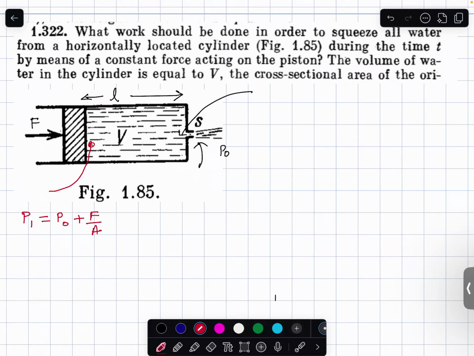Mostly the entire container, the pressure part is the same, because you are taking the cross-sectional area A much greater than S. Okay. So at that point also, at this point also, pressure will be P1.